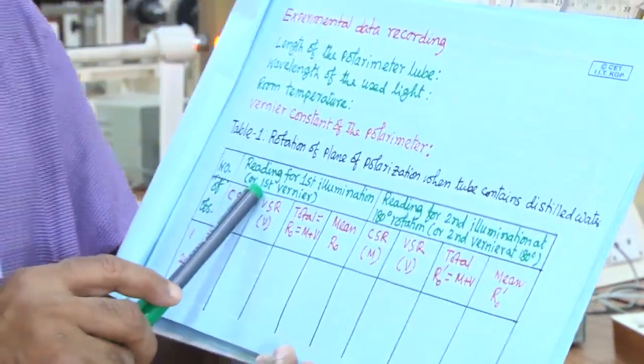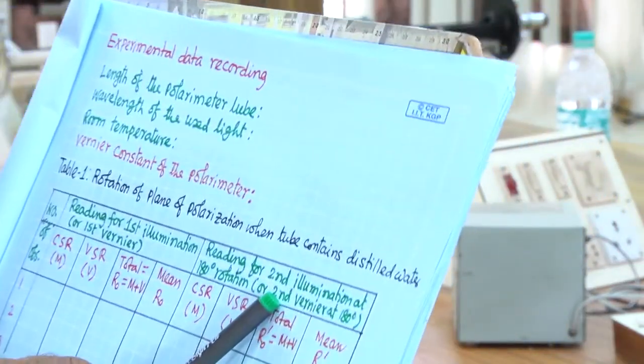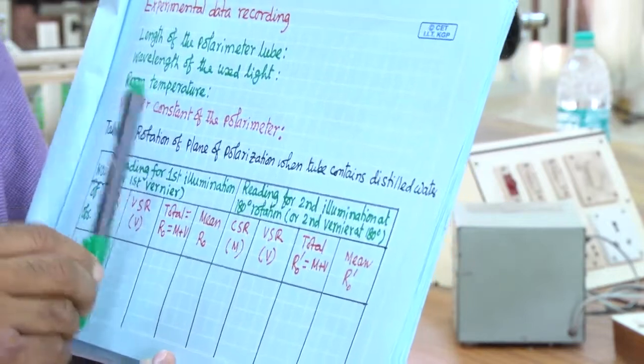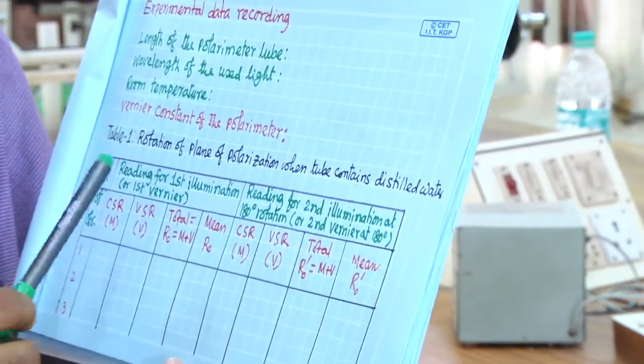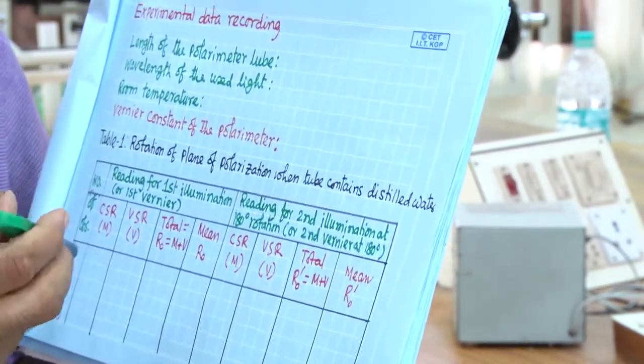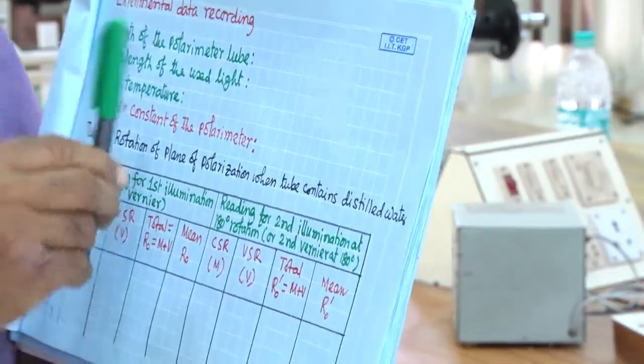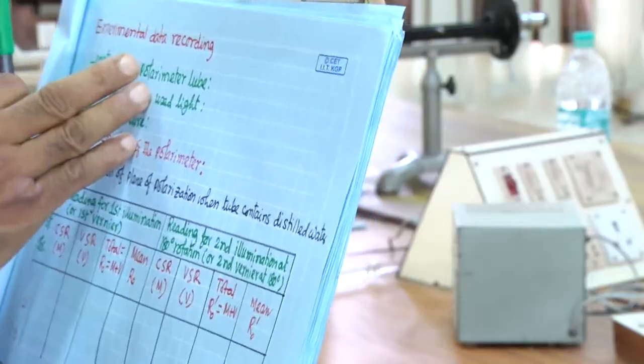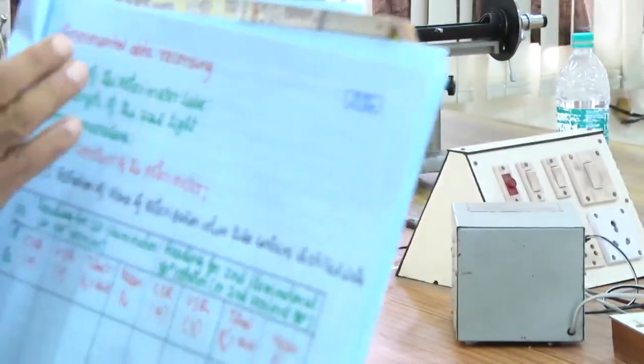Here I have written for 2. Whenever you take the first one, the second illumination is at 180 degrees. After 180 degree rotation, whatever reading you get, that is the second one.